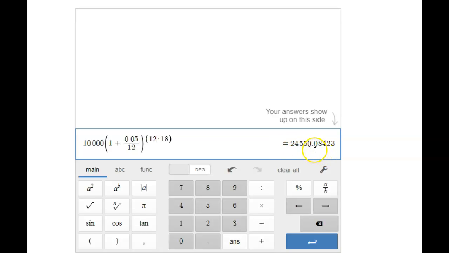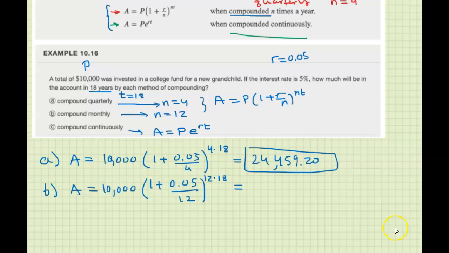We get 24,550.08. They shouldn't be much different because you're working with the same amount of money, with the same interest over the same amount of time. But in part B you're applying the interest more often, so you get a little bit more money. But it's not that much more.